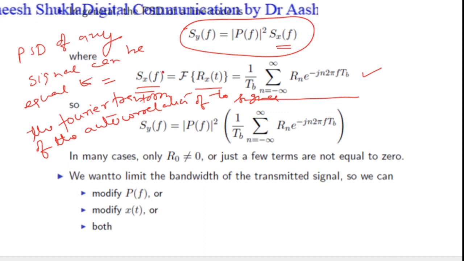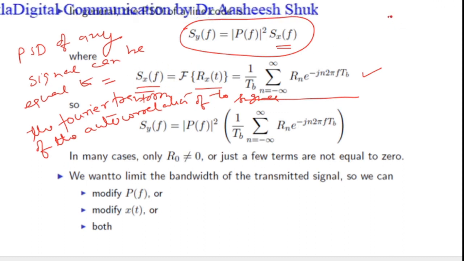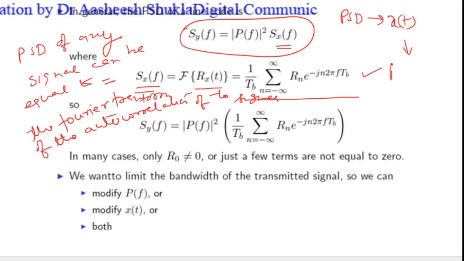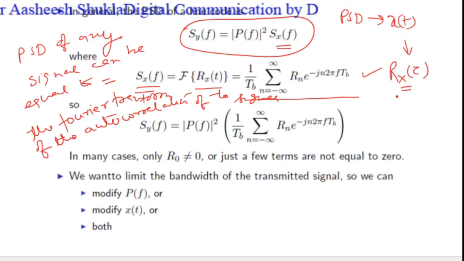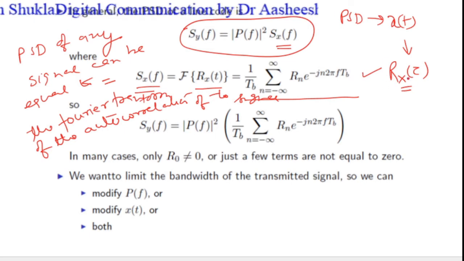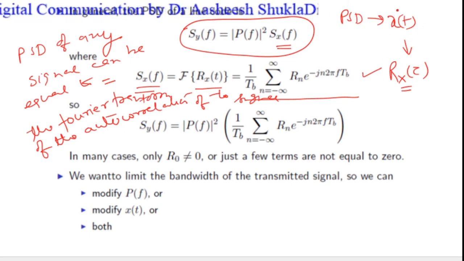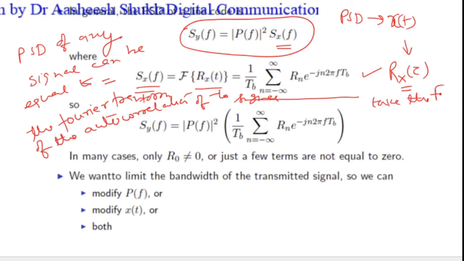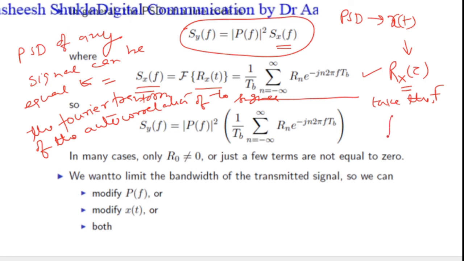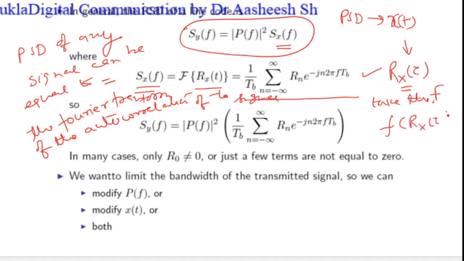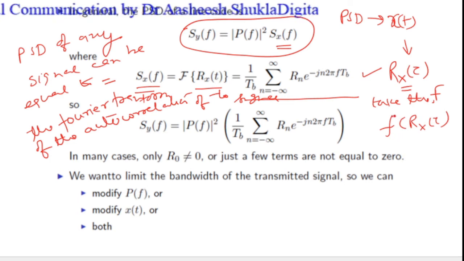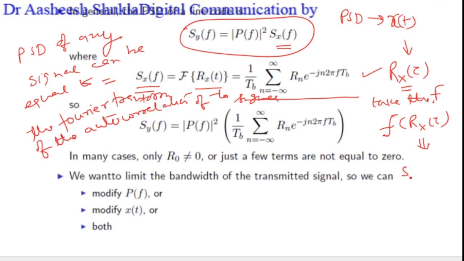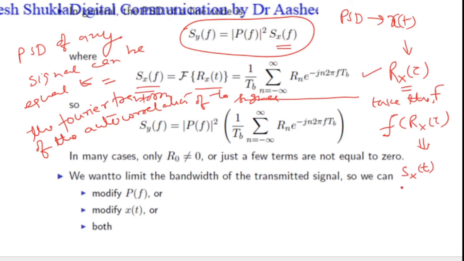So to get the power spectral density of signal xt, what we have to do? First we have to find out the autocorrelation function of this signal xt. And once we get the autocorrelation function, then we'll take the Fourier transform. The Fourier transform of this autocorrelation function Rx(t) will give you the power spectral density of the signal, SX(t), right?